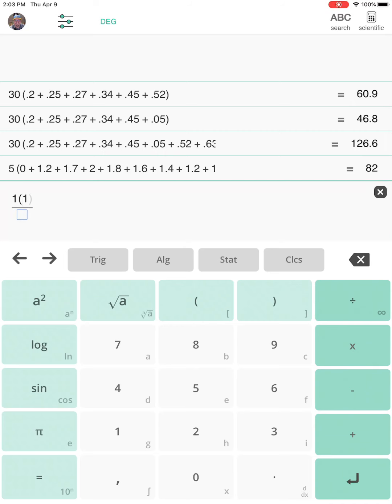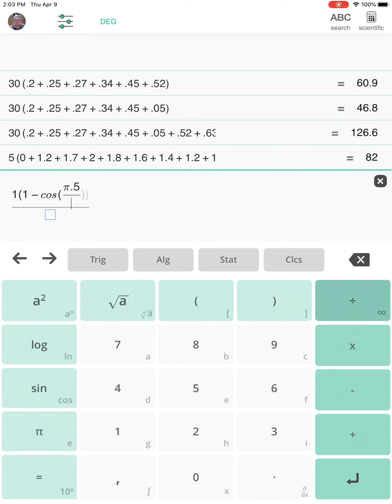And then we want to divide that whole thing by the width of the region, which is simply 4 minus 0.